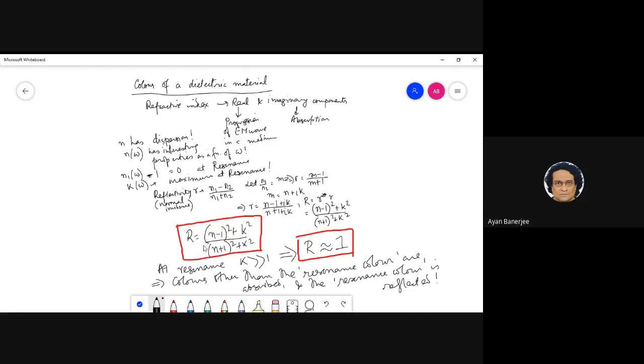This is very interesting. So please understand what the basic takeaway of this is.